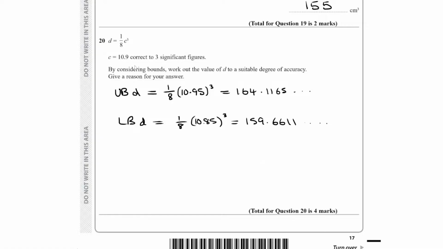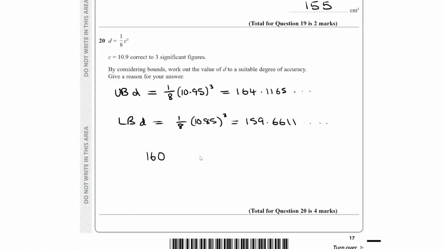And then obviously you have to choose one value. So you look at both and say, what do they both round to? So as you said, yeah, 160. You have to give a reason though. Wherever you've rounded it to, technically it's rounded to 2 significant figures, isn't it? Or to the nearest 10, whatever you want to call it.